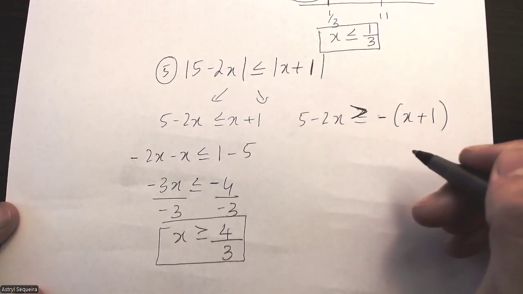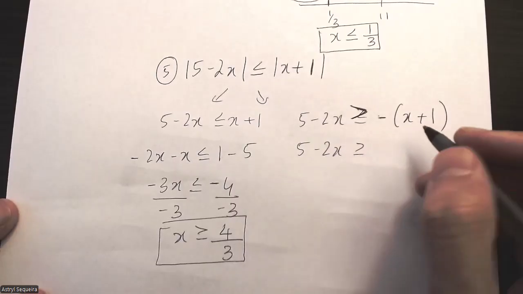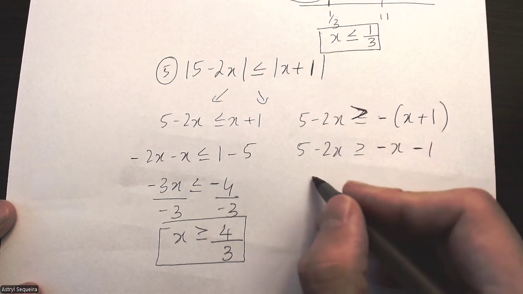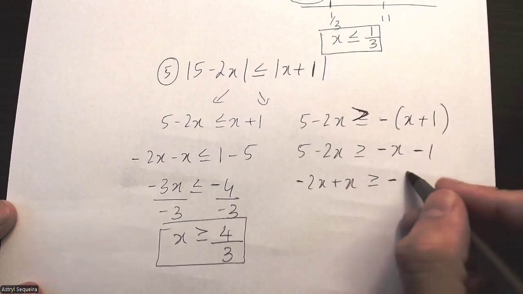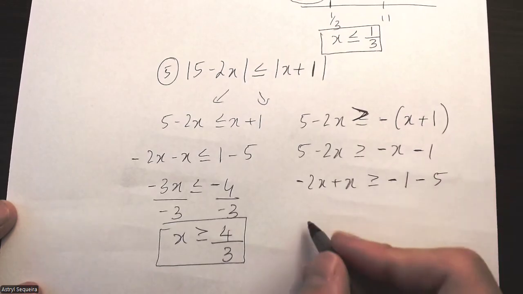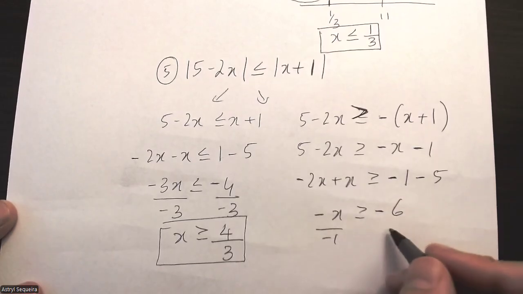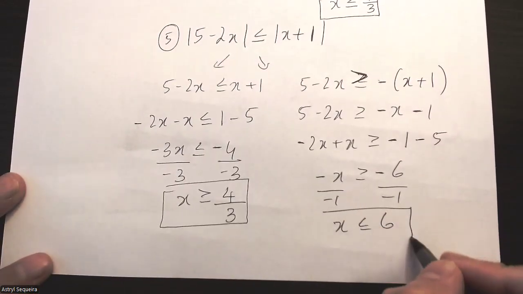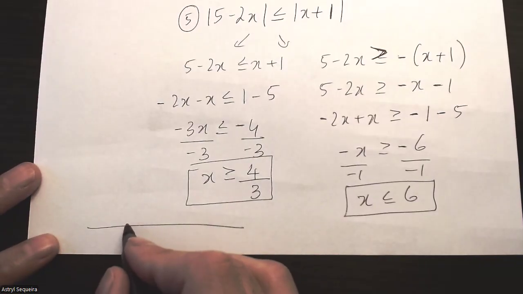And then let's do a second solution. Dividing by a negative number, we've got to flip the sign. And these are the two solutions over here. So let's put it on a number line, see if we can combine them or not.